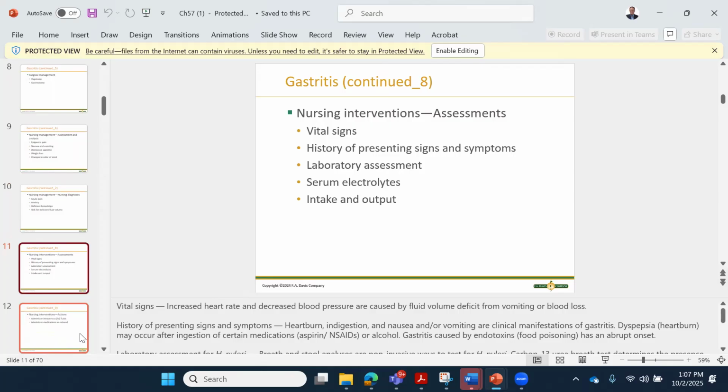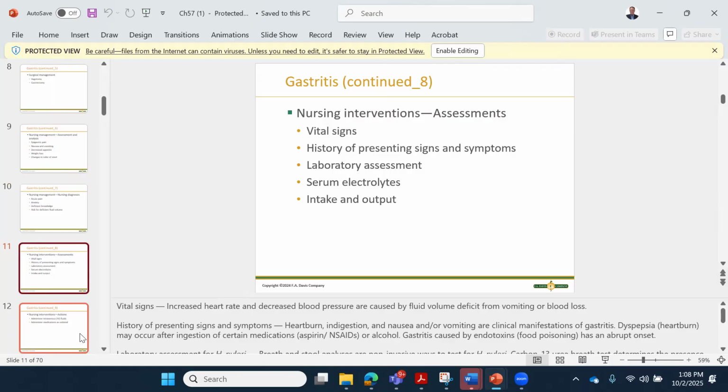And remember that you do have some cases of relative hypovolemia, to where fluid is just not in the space that it should be in. Like in the case of third spacing, because let's say the person has gastritis to the point that they're malnourished and they have low albumin, which means they have low protein.